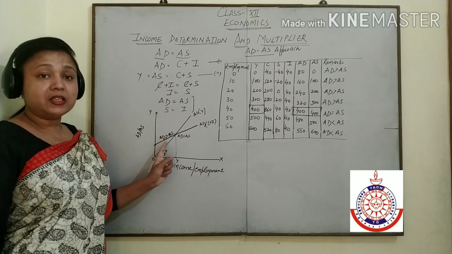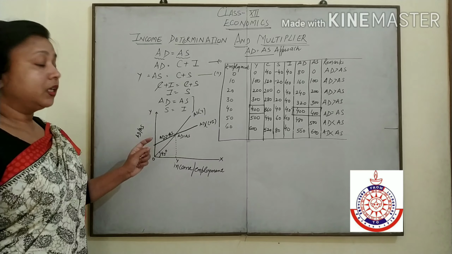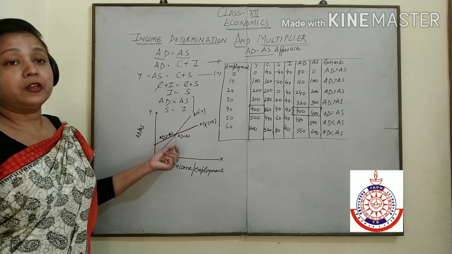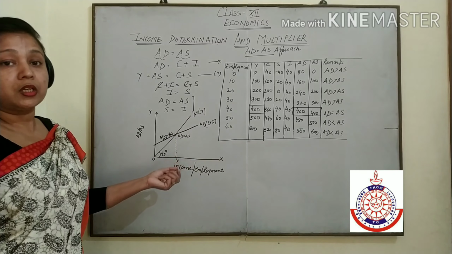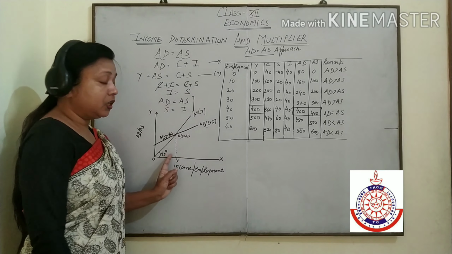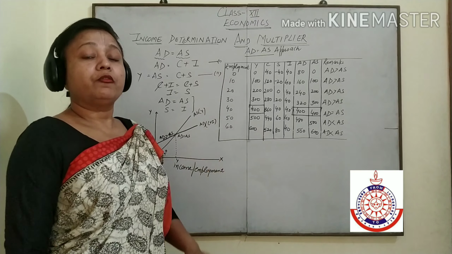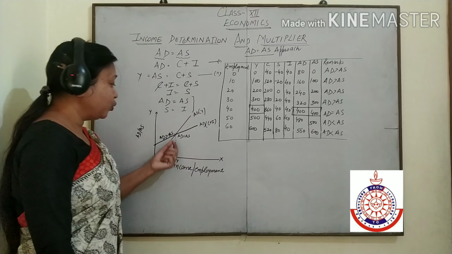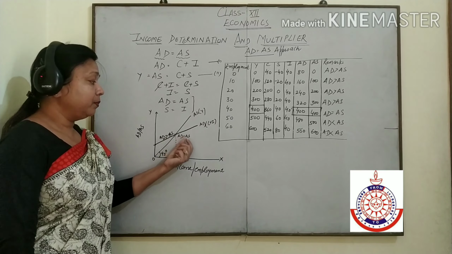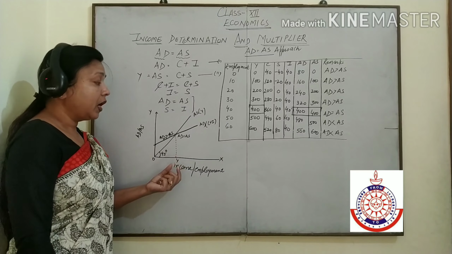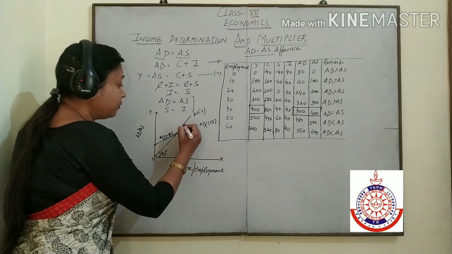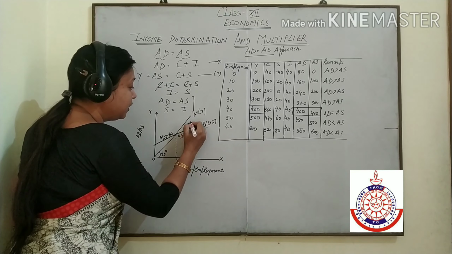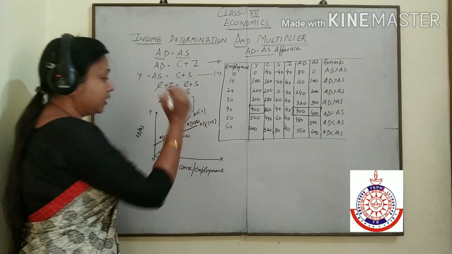If aggregate demand is greater than aggregate supply, then the producer will plan more in future, and then income will be increased, and this process will continue until aggregate demand is equal to aggregate supply. Same is here when aggregate demand is less than aggregate supply.